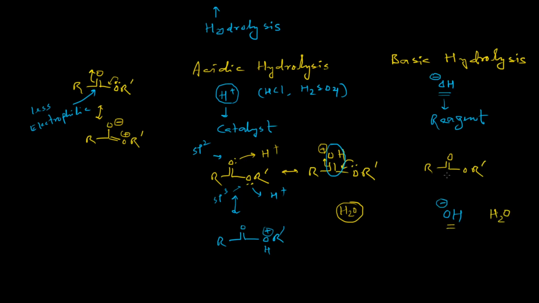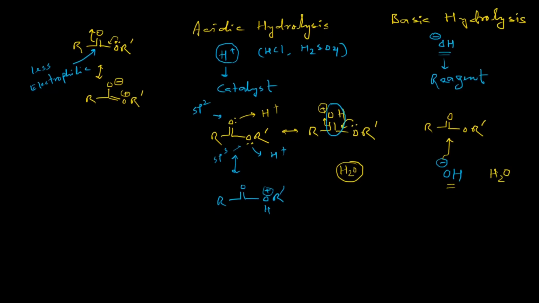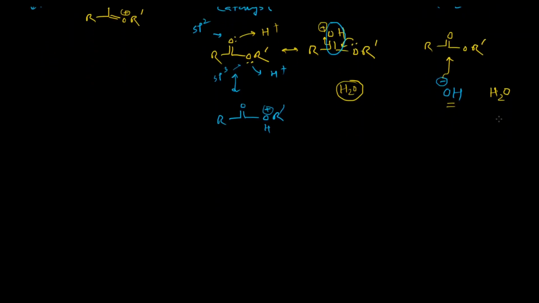And that's why we don't need any kind of activator to activate this carbon-oxygen double bond of the ester functional group, and OH minus will eventually attack this carbonyl group and the reaction will proceed. Okay, clear?